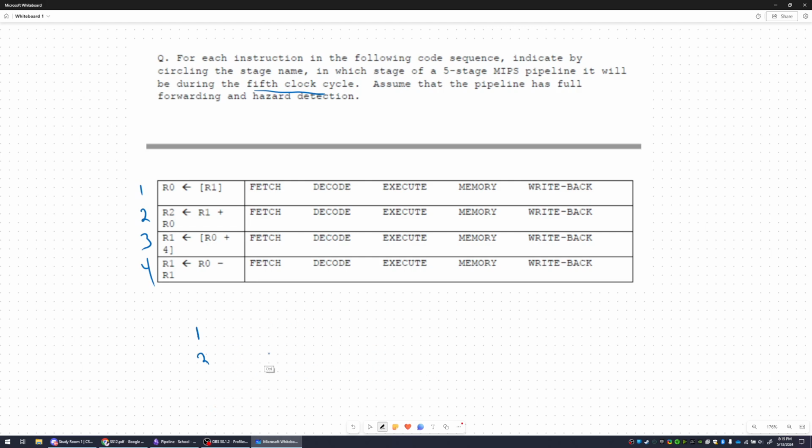I'm just not going to draw the lines, because it's more messy, I feel like. So this one is an L type instruction, R type. This is an L type, and this is an R type. For the first stage, maybe I will just draw the grid.